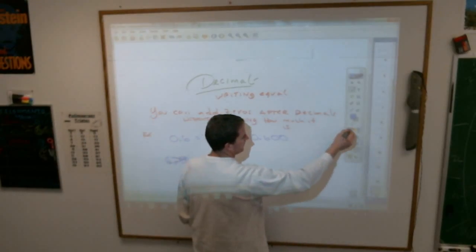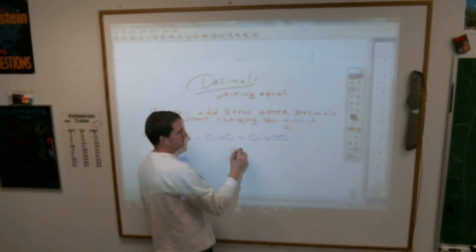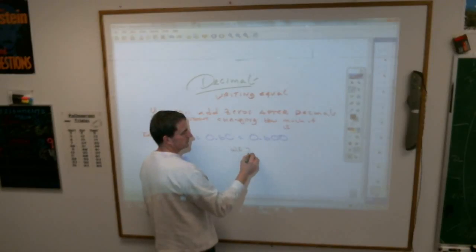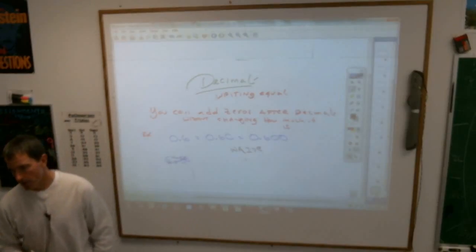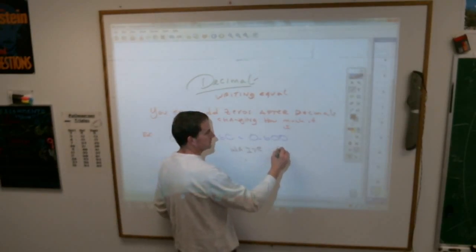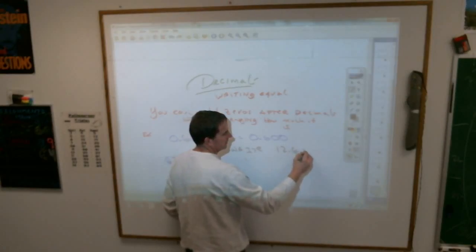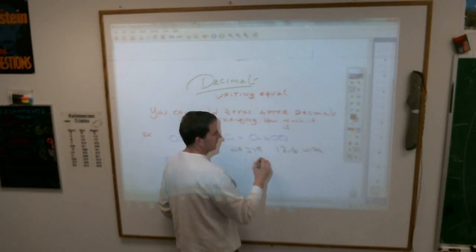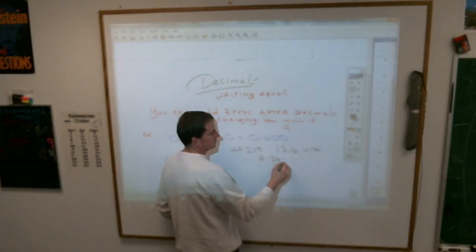And here's an example. The book will say, write 12.6 with 3 decimal places.